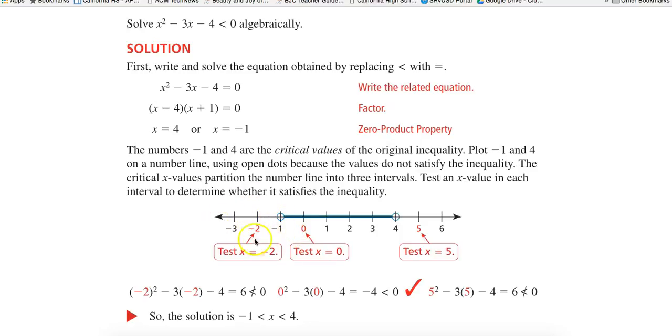You might find that your solution set is here and here, so it does not include this middle part. Each time you have an inequality, you have to find the critical values and test all 3 regions that your number line is broken up into. It's imperative that you do that because you never know what regions are going to be in your solution set. It's different for each problem.